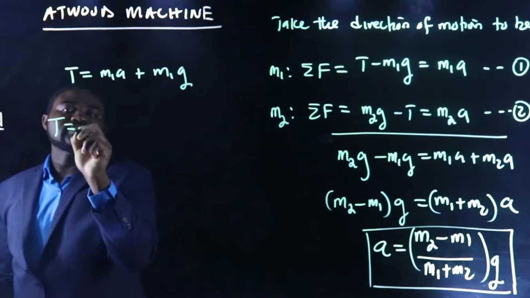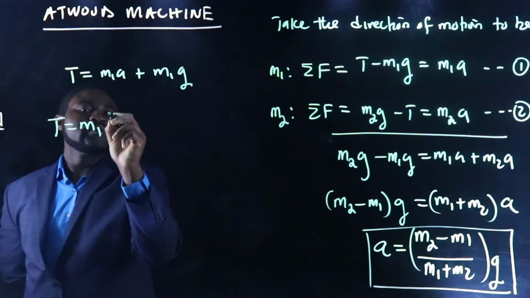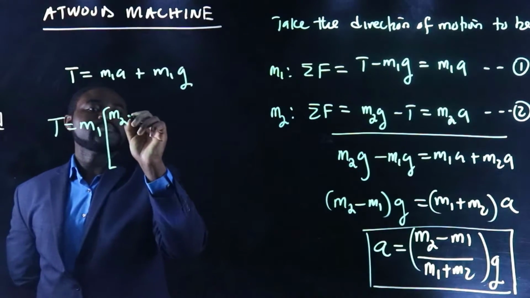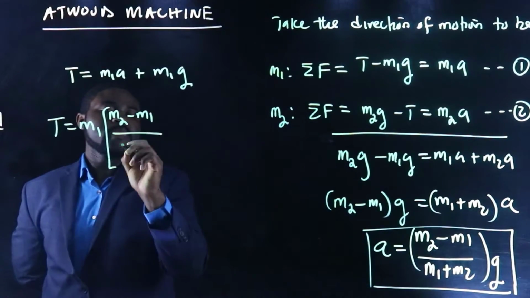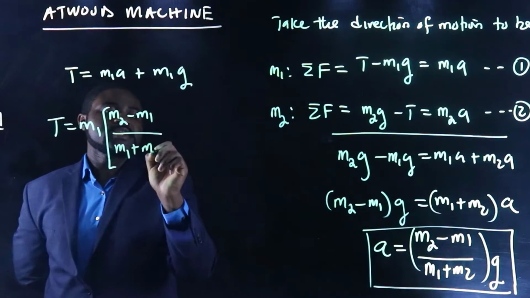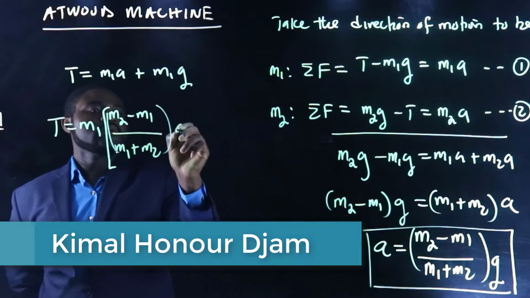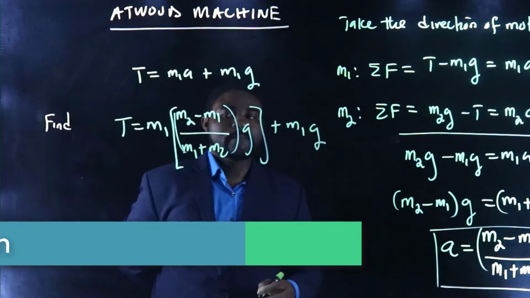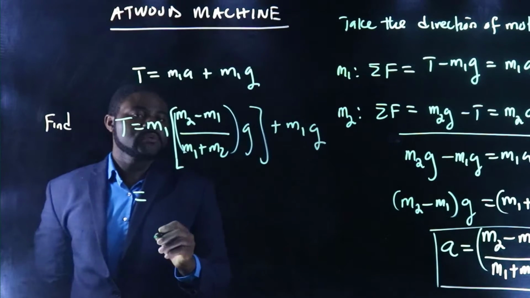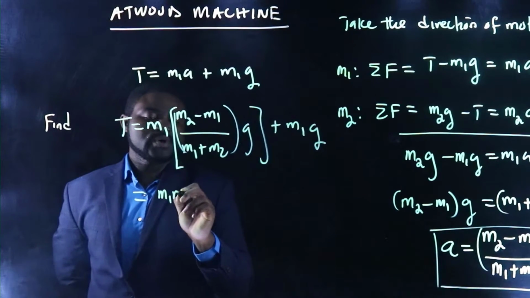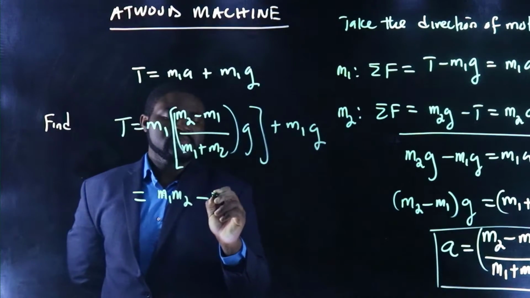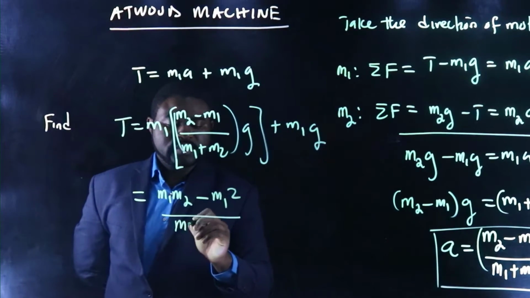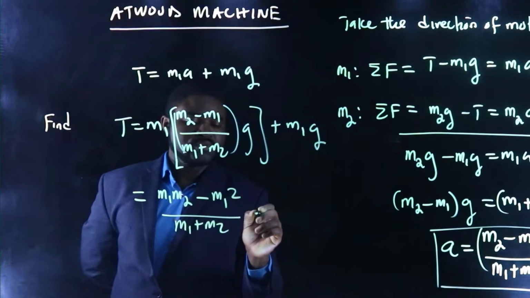That means that T is equal to M1 all multiplied by M2 minus M1 over M1 plus M2, G plus M1G. So this will be equal to M1 times M2 minus M1 over M1 plus M2, G plus M1G.